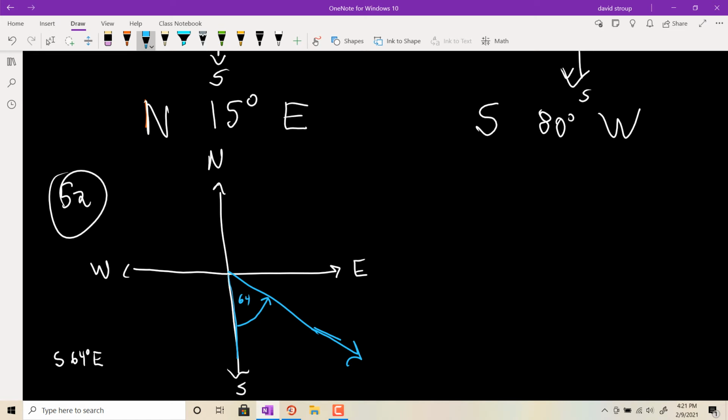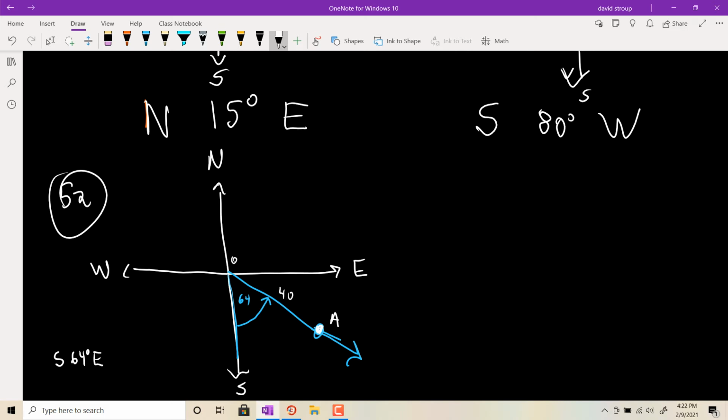It says the boat leaves the entrance to a harbor and travels 40 miles on a bearing of south 64 degrees east. So basically, if you think of going from O to some point A on that terminal side, the origin to A, the length of that leg of the journey is 40 miles.